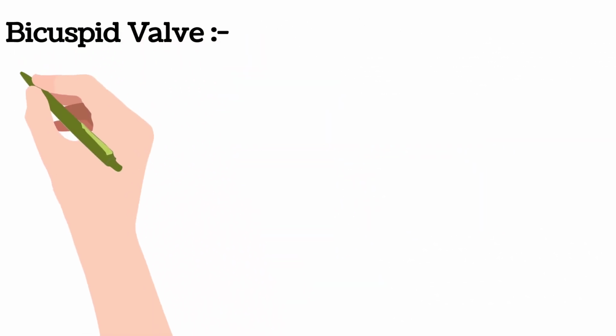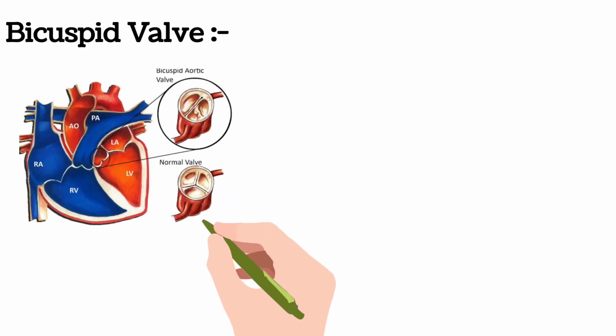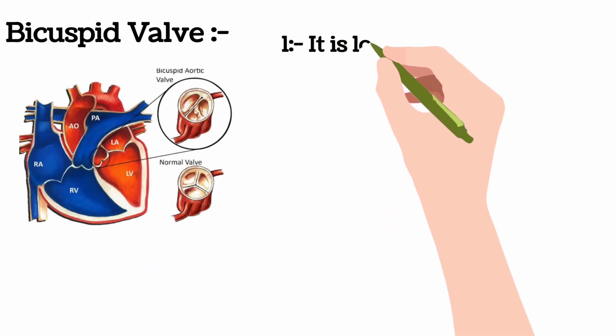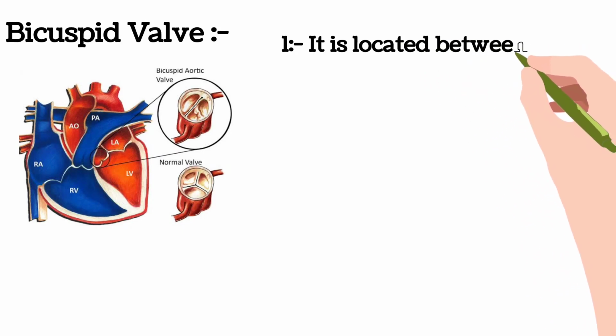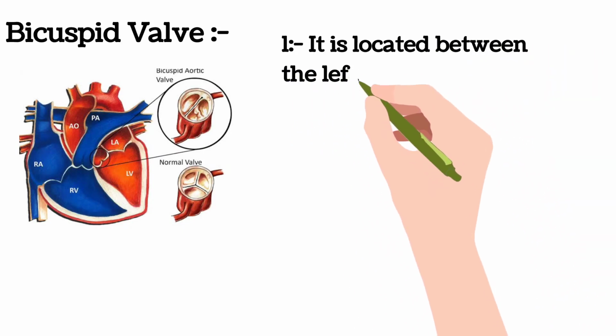Now we will discuss the bicuspid valve. This bicuspid valve is located between the left atrium and the left ventricle.